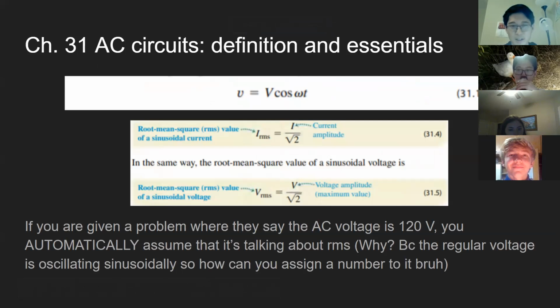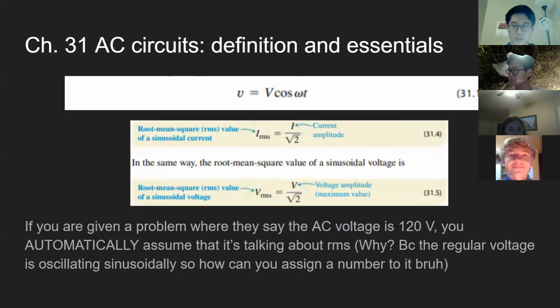Voltage is equal to the maximum voltage amplitude times cosine of omega t, and omega is just the driving frequency, which the question will always give you. So the driving frequency of the AC generator. That's what an AC circuit is.